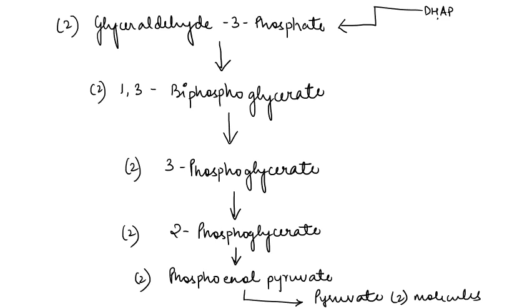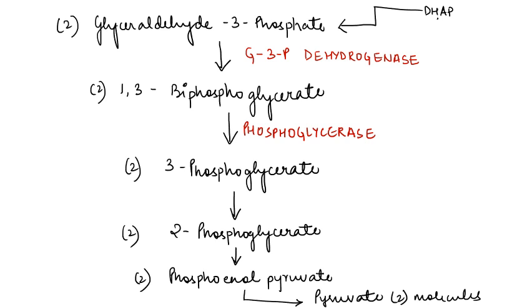Glyceraldehyde 3-phosphate changes to 1,3-biphosphoglycerate, so there is utilization of the enzyme glyceraldehyde 3-phosphate dehydrogenase. What is the enzyme? It is dehydrogenase, right? 1,3-biphosphoglycerate changes to 3-phosphoglycerate, and that is what we call phosphoglycerate kinase.